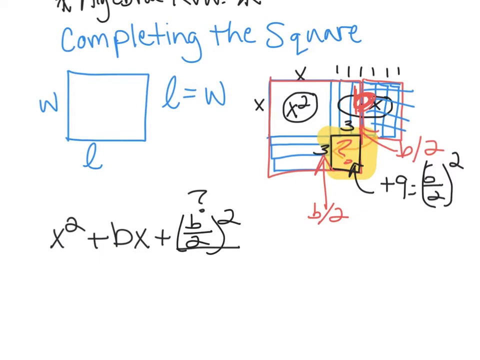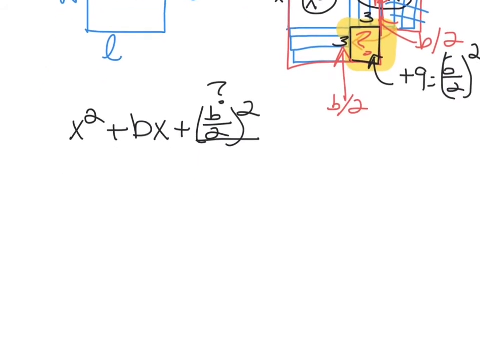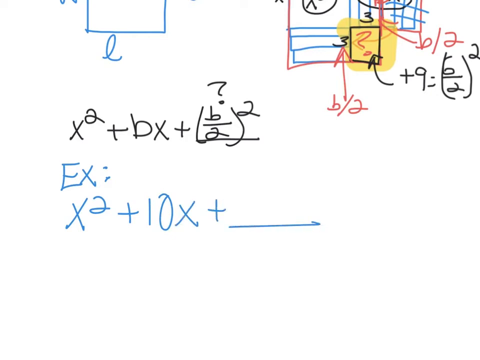So what would I do? Let's do a couple of quick examples of that before we start using this in the case of the circle. So we would have something like this. If we had, for example, x squared plus 10x, and we wanted to know what value would complete the square there, well, we would take our 10, we would cut it in half, and we would square that.